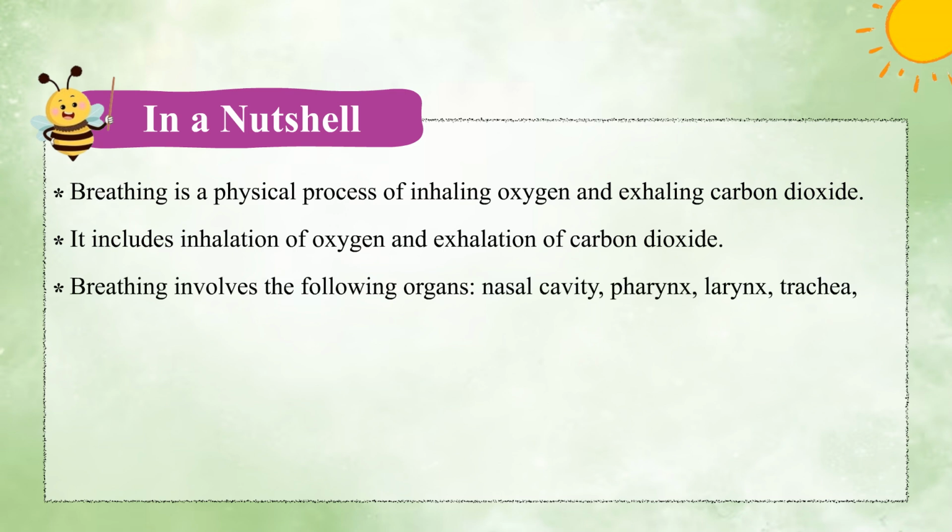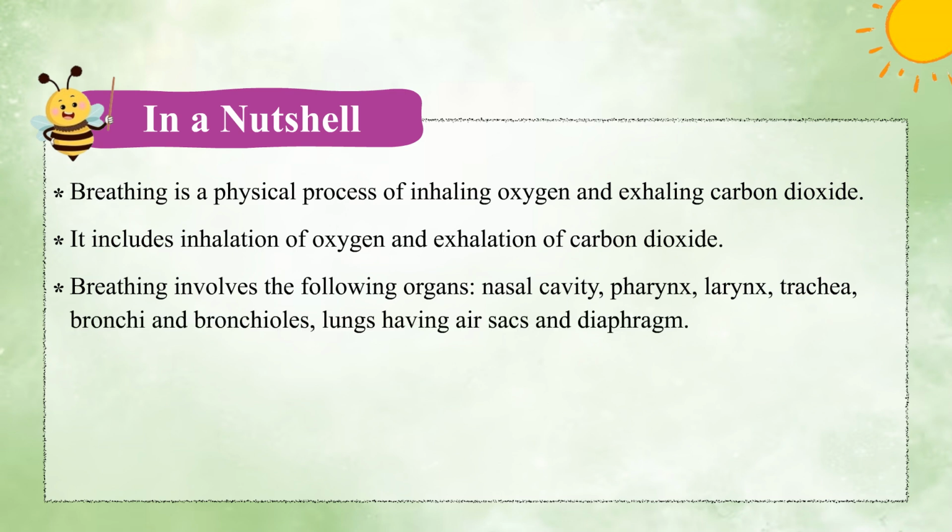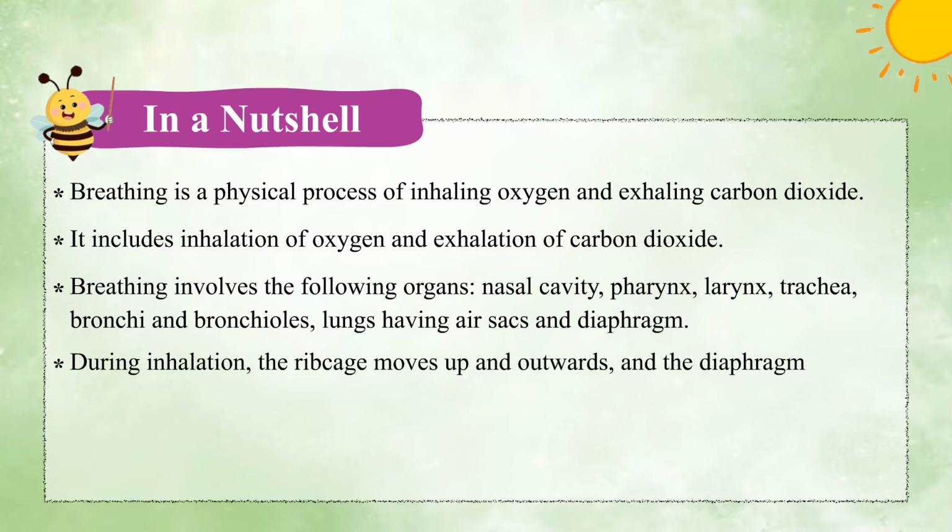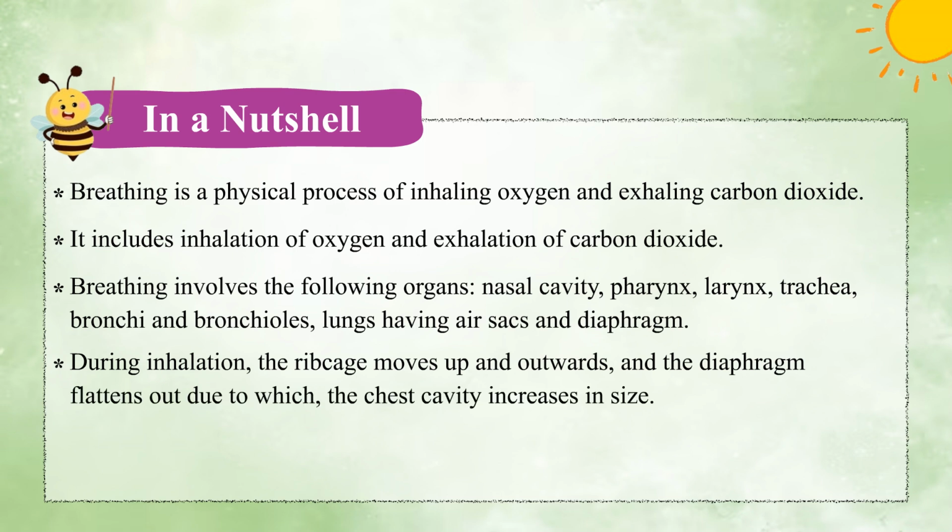Breathing involves the following organs: nasal cavity, pharynx, larynx, trachea, bronchi and bronchioles, lungs having air sacs, and diaphragm. During inhalation, the ribcage moves up and outwards, and the diaphragm flattens out, due to which the chest cavity increases in size.